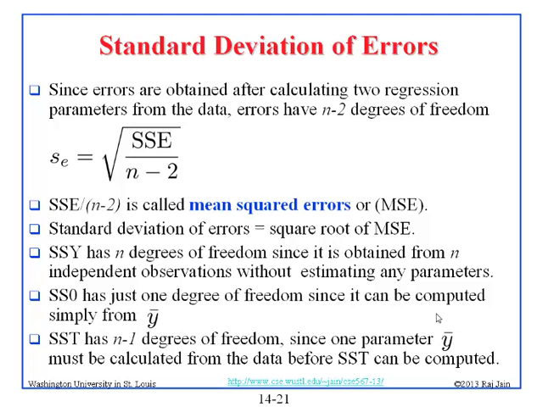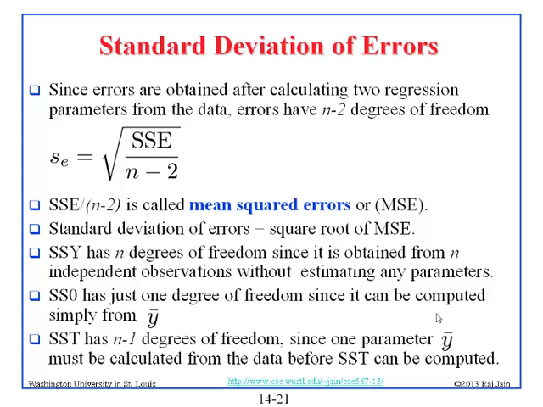This variance part is called mean squared error: sum of squared errors divided by the degrees of freedom. That is mean squared error. When you take a square root of that, that is the standard deviation of errors. SSY has n degrees of freedom because it is obtained from n observations.